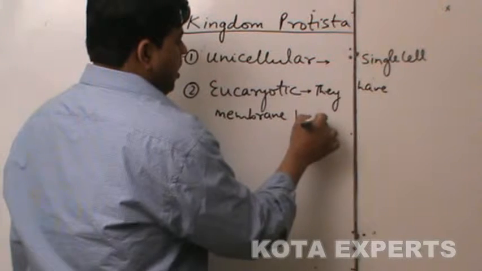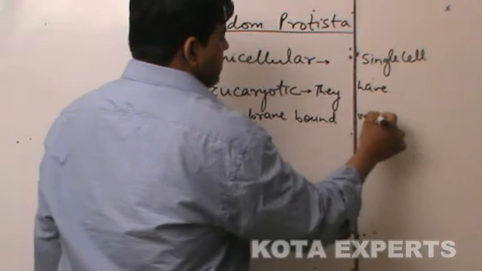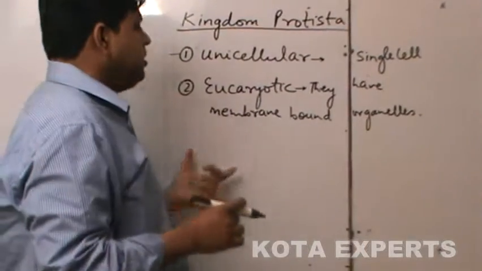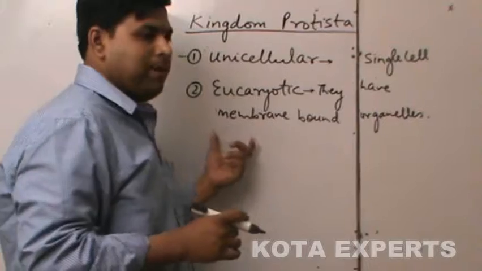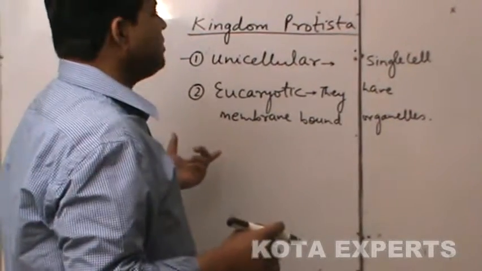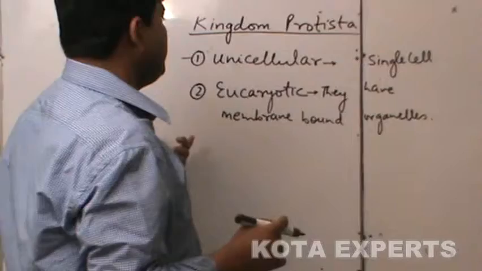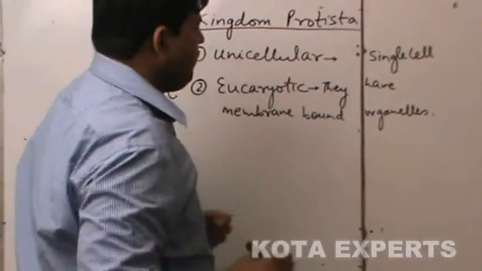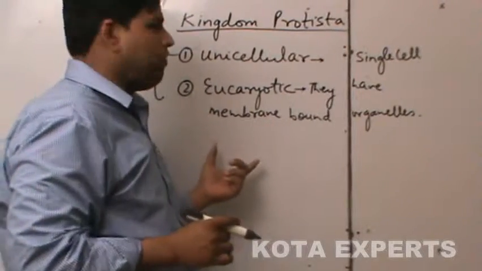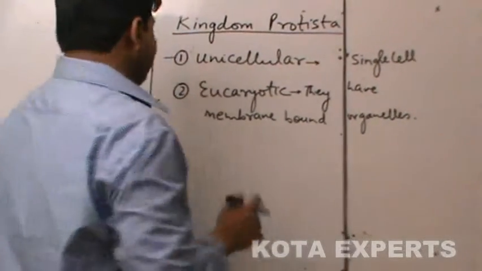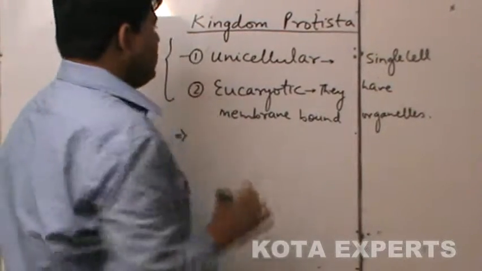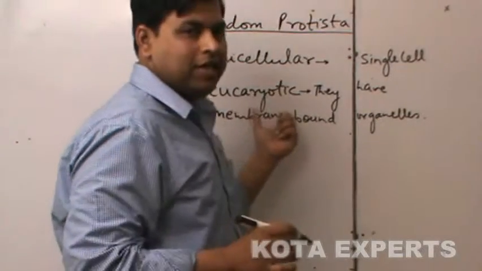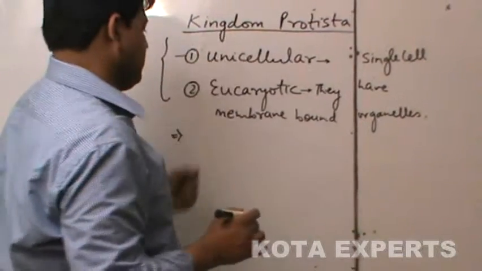So all those organisms with a single cell and membrane bound organelles are known as protists, and they are included in the kingdom Protista. Now we will have a look at the characteristics of the kingdom Protista. All those organisms with a single cell and eukaryotic type of cells are known as protists.